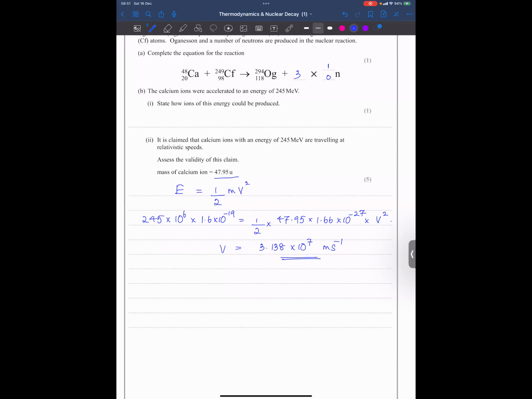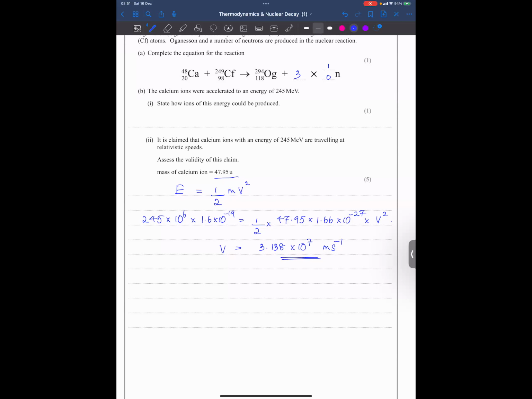After 2.5 milliseconds, the sample contains 500 atoms of the isotope. Calculate the original number of atoms in the sample. So we can use half-life is given. N equals N naught e to the power minus lambda t.